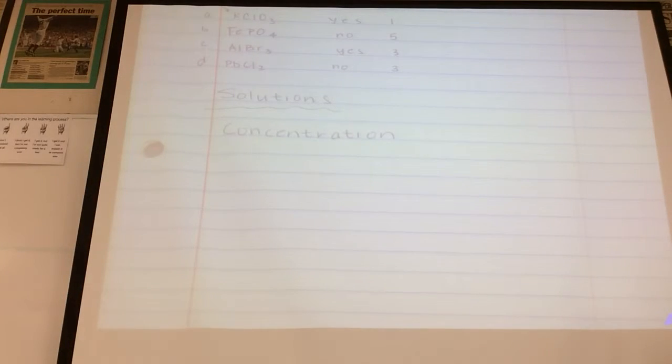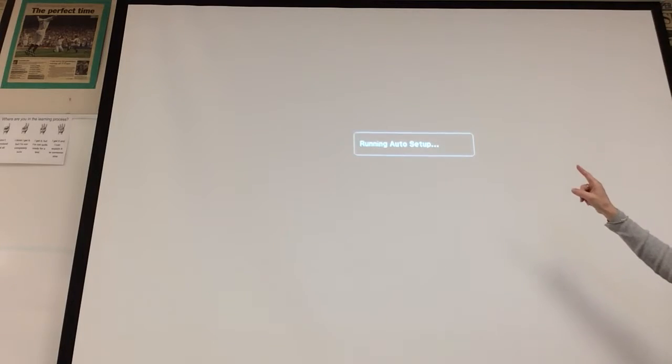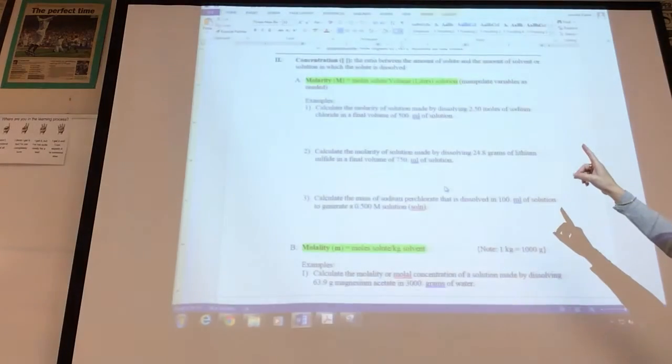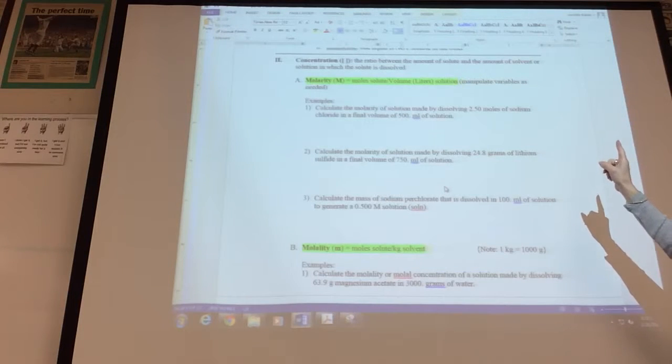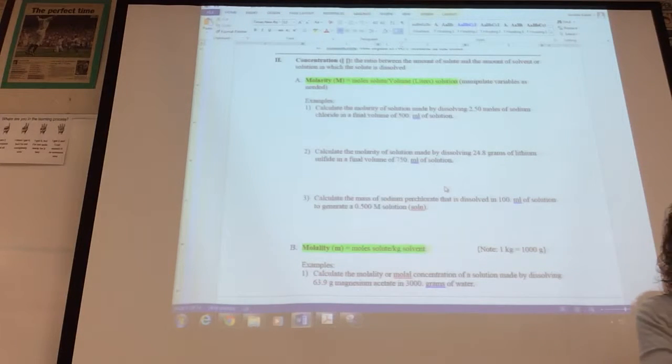So I'm going to show you how to calculate concentration. There are a lot of different ways concentration can be expressed. Concentration, in the simplest terms, is the ratio between the amount of solute and the amount of solvent or solution. Your numerator is always the amount of solute. In some cases it's moles of solute, in some cases it's grams, and we'll point out the difference.